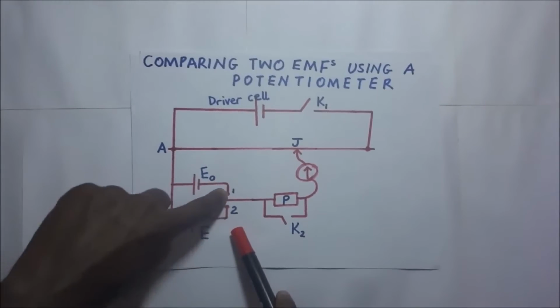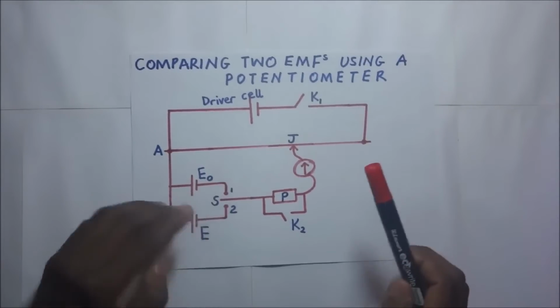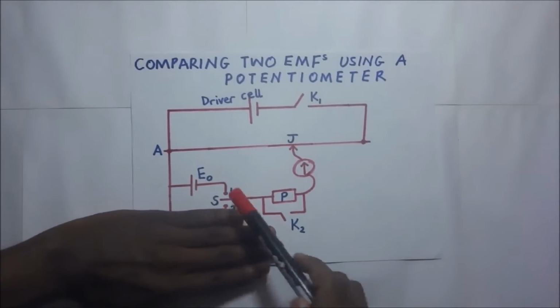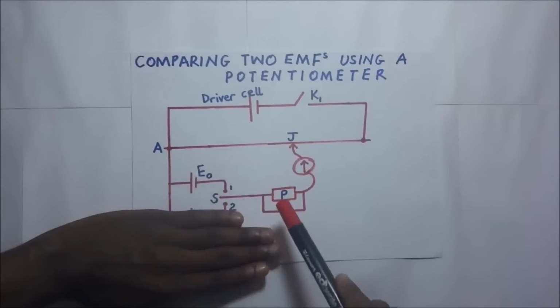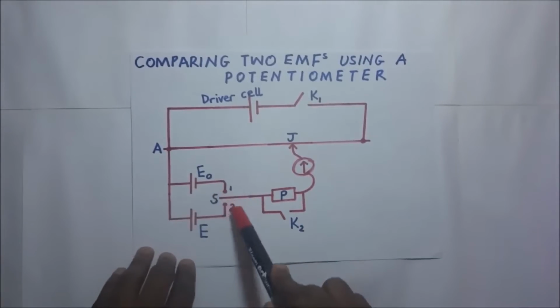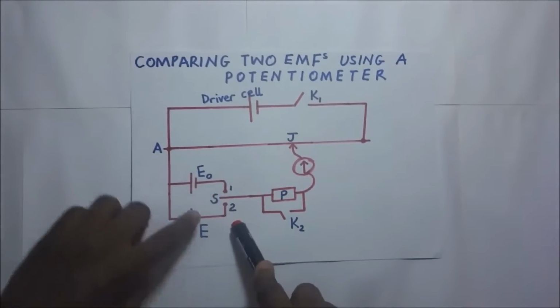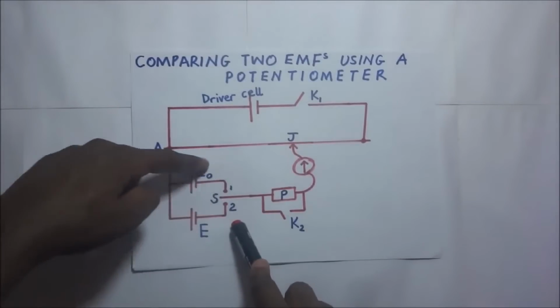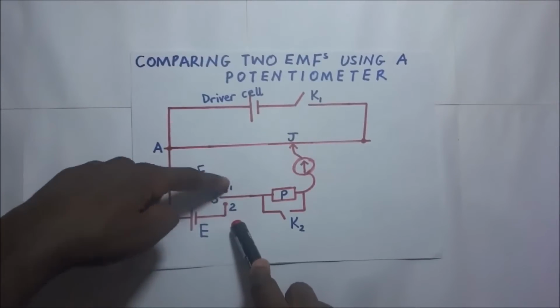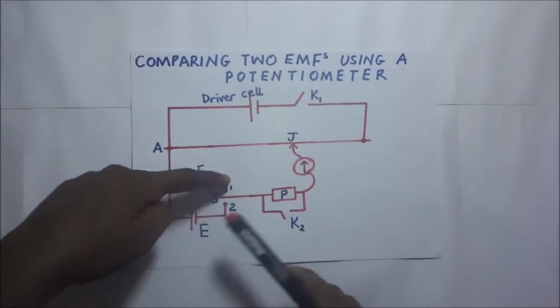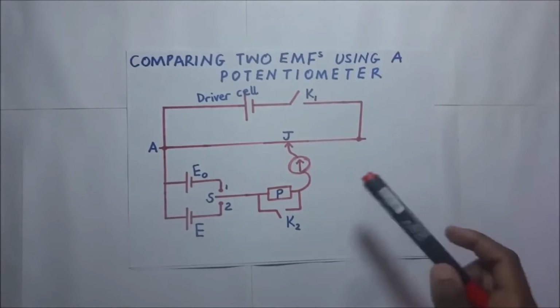When we put it on position 1, it means that we have rendered this lower part redundant, and it is only this cell that is in the circuit. When we put this switch S on position 2, it means that we have rendered this upper part of the circuit redundant, and it's only this that is actively in the circuit.